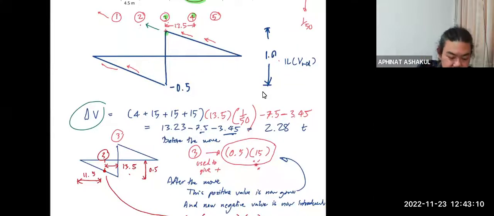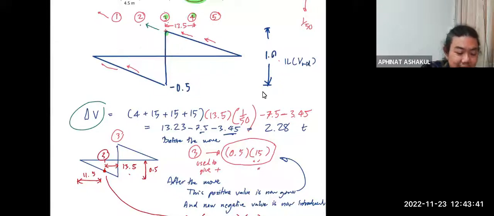This is the same. Number 3 used to give you a shear equal to 7.5 tons. But then when it moves away, the 7.5 tons is gone. So the shear reduces. That's why it has to be negative, because it reduces. It used to be there, but it's no longer there. We are talking about the change.